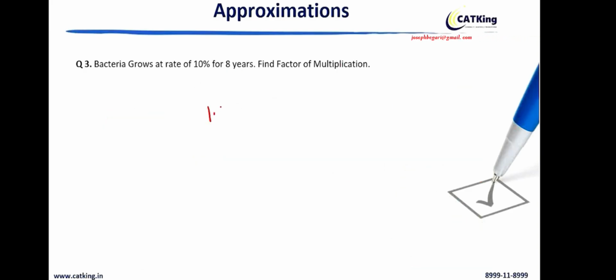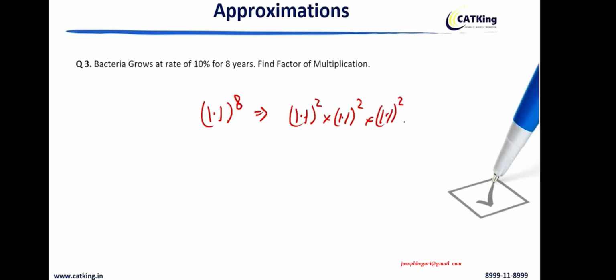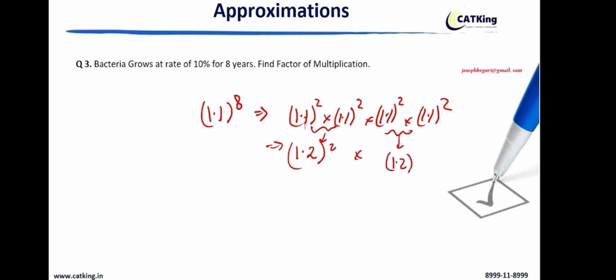So how can you calculate 1.1 to the power 8? Again use squares. Break it. Use approximation. This is 1.1 square into 1.1 square into 1.1 square into 1.1 square, correct? What is 11 square? 121. So this is 1.21, or I can also write it as 1.2, correct? This becomes 1.2 square into 1.2 square.